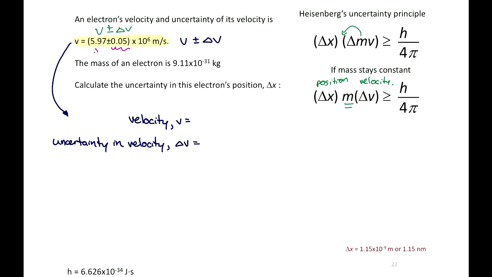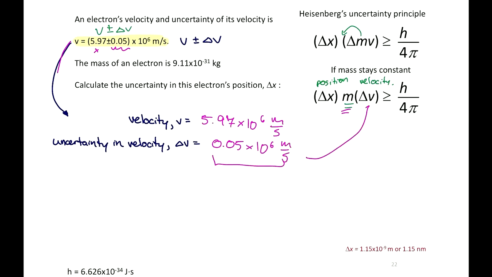We don't really care about velocity because that's not given in the uncertainty equation. So I'm going to just rewrite this so you can clearly see what's what. The velocity of this electron is 5.97 times 10 to the 6 meters per second. But its uncertainty is 0.05 times 10 to the 6 meters per second. This is the value we're going to plug into that equation.